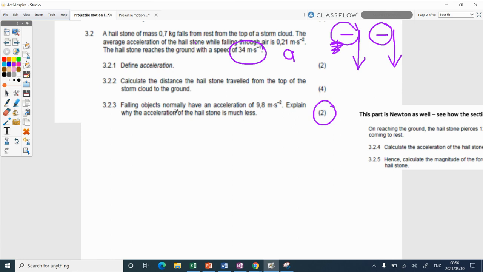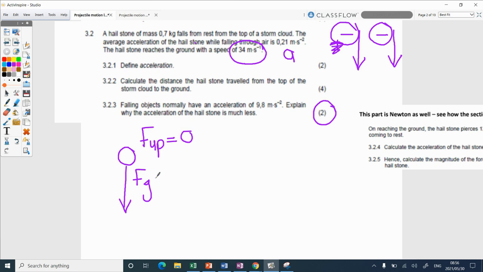So if we have a falling object, normally, for this 9.8, what is true? If it's falling... Gravitational acceleration is increasing. Good. It's the only force that acts on it, which is Fg. There's no upward force, so you can even say F up is 0.